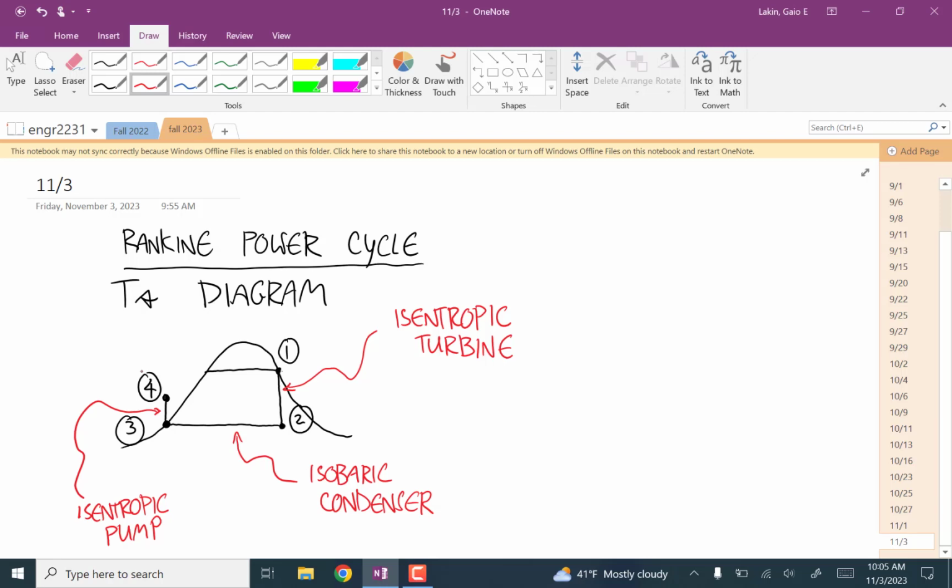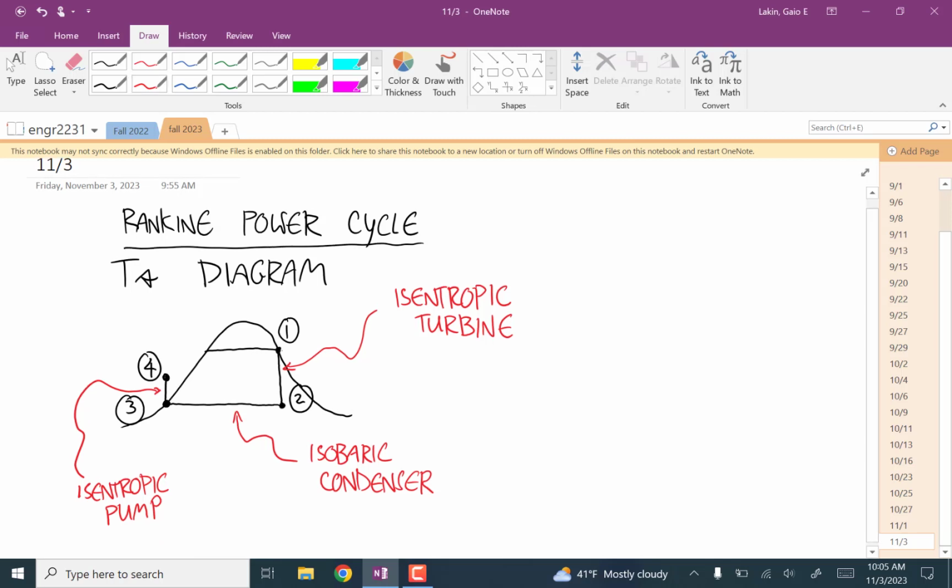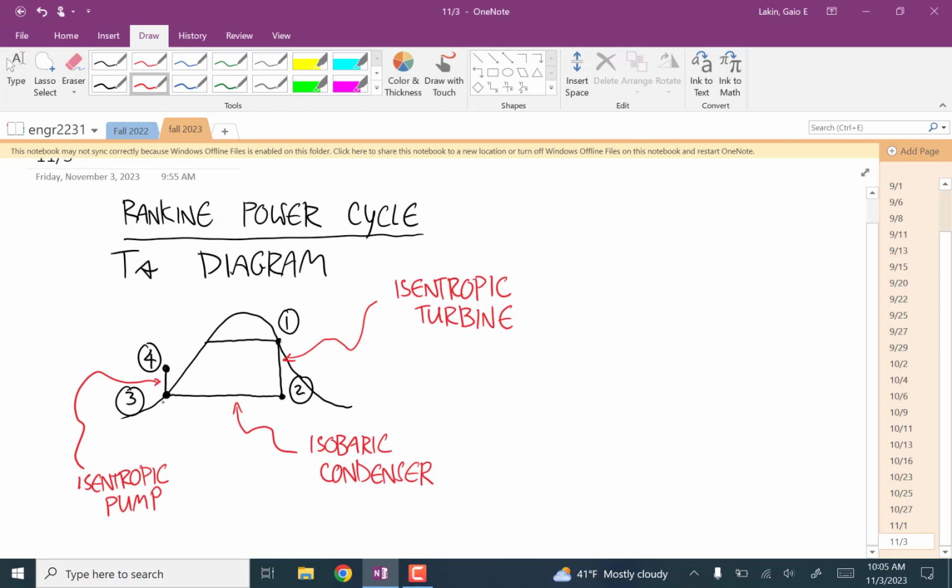Incompressible. Yeah, you can do everything with incompressible stuff. And so notice that this is going from a saturated liquid to a compressed liquid. It's liquid the whole time. We can treat it as incompressible. And so this pump state is where we know the most stuff, and it is going to turn out that way. Okay, so remember that this is a liquid the whole time.